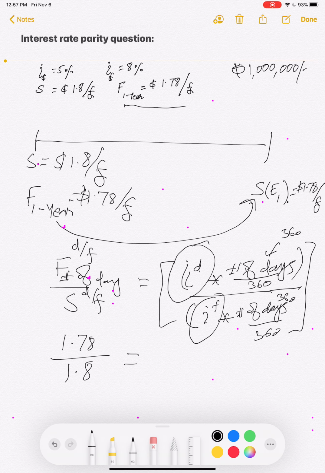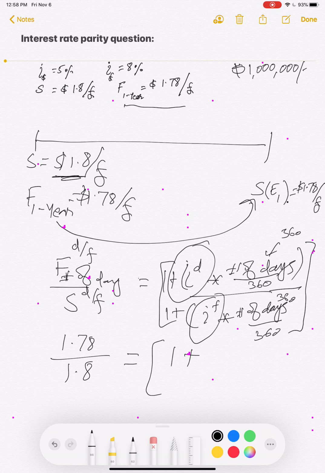Forgot actually one thing. It should not only be the interest rate, it's actually 1 plus the interest rate and 1 plus the interest rate over here. So 1 plus the interest rate of the domestic currency, because in the calculation we are using the dollar as the D currency.